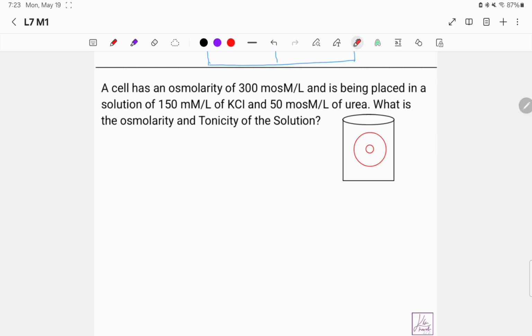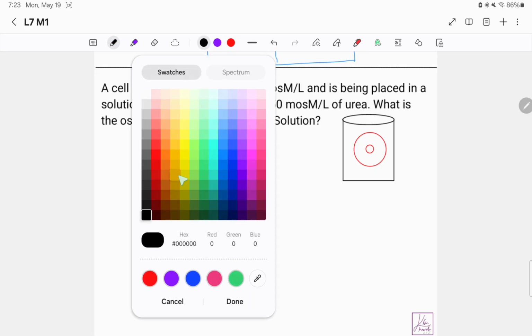So this question says that a cell has an osmolarity of 300 milliosmoles per liter and is being placed in a solution of 150 millimoles of KCl and 50 milliosmoles of urea. What is the osmolarity and tonicity of the solution? Okay, so let's do the work here.